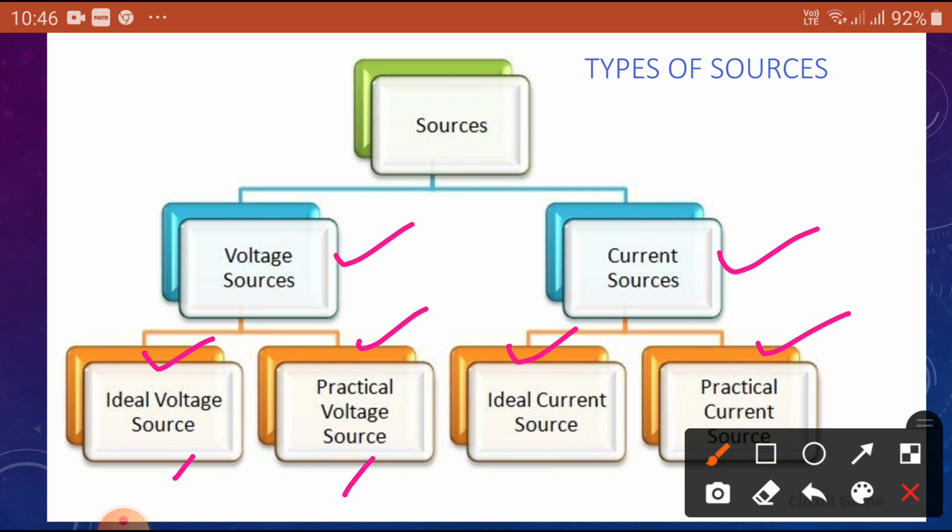Rahul is the best person, there are no deficiencies inside, he is always number 1, perfect. But practically it may not be Mr. Perfect. That is the ideal voltage source, but actually there are some small defects inside. So that is a practical voltage source.